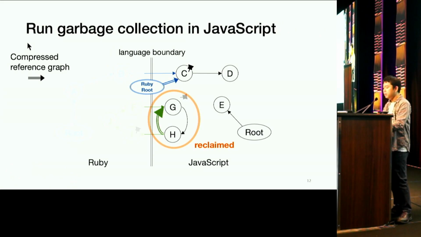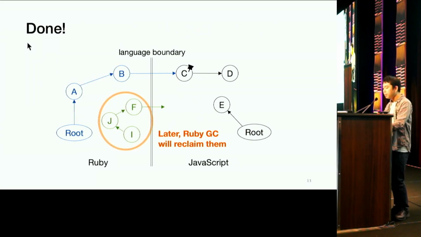After copying, Refgraph GC runs garbage collection in JavaScript. The objects G and H will be reclaimed. After that, everything goes back. Ruby objects F, I, and J have not been reclaimed yet, but now they are cyclic, and Ruby's garbage collector can collect them.